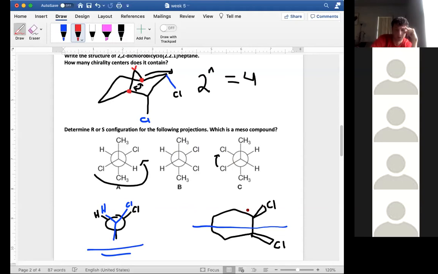One of these is R and one of these is S. So let's just say this one is R and this one is S. If you have a plane of symmetry like this and your two chiral carbons oppose each other with their R and S, then it's overall achiral and thus a meso compound. So does that clear up some things?